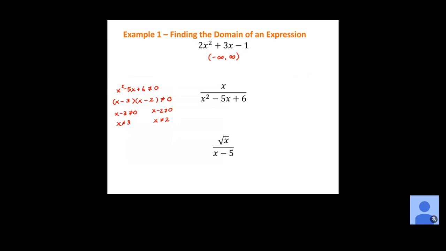So now we have to think about how we're going to write that domain in interval notation. Well, we can have any real number we want except for 2 and 3, right? Those are the only two restrictions. So basically we're saying we've got a number line here, we've got a 2, we've got a 3. We're not including 2, we're not including 3.